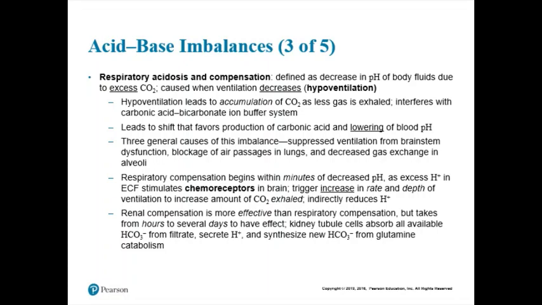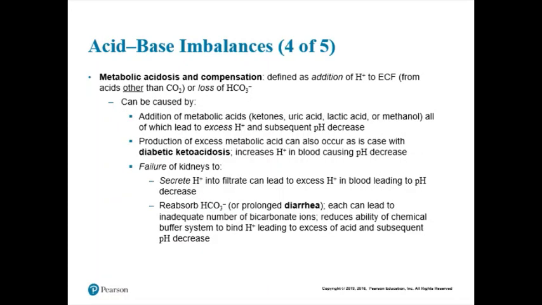But remember, carbon dioxide is not the only acid in the body. So you could have acidosis from other causes that are from other acids, fixed acids, non-volatile acids, acids that cannot become a gas. So you're not going to use the respiratory system. So these types of acidosis are called metabolic acidosis.